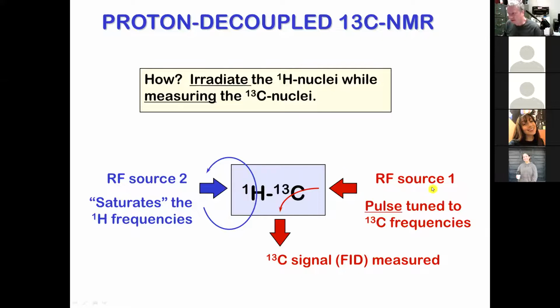And then we're going to pulse on the carbon frequency, and then we're going to acquire the C13 signal. When we do that, the CHs basically get erased. It kind of averages out, and there's no coupling. It makes this NMR look nice. So that's the basic theory of how proton decoupled carbon NMR works.